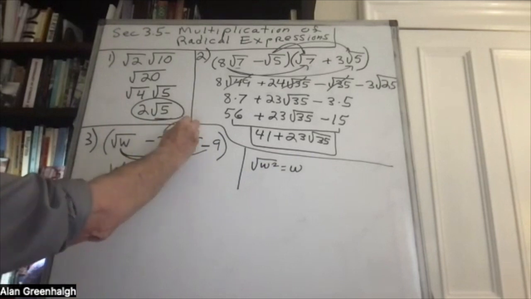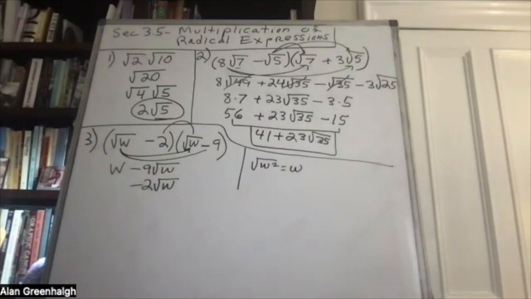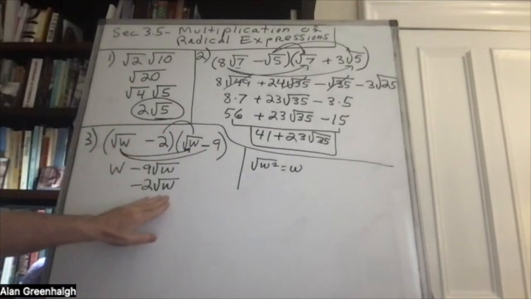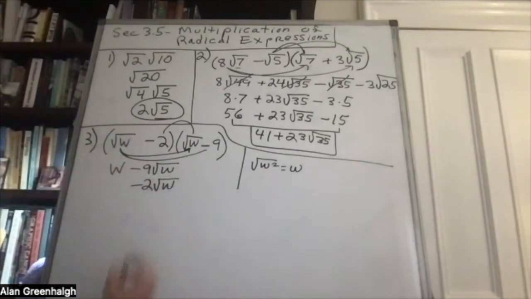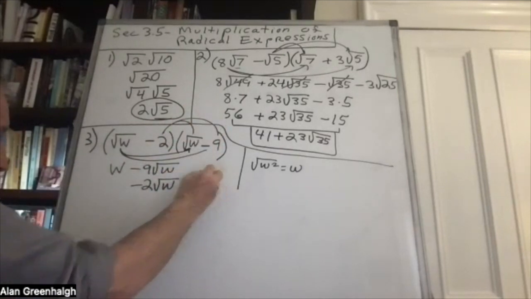And then this negative 2 times the square root of W. See, I saw this coming, so I decided to line them up to make it easier for us to combine them later on. And then this is positive 18.